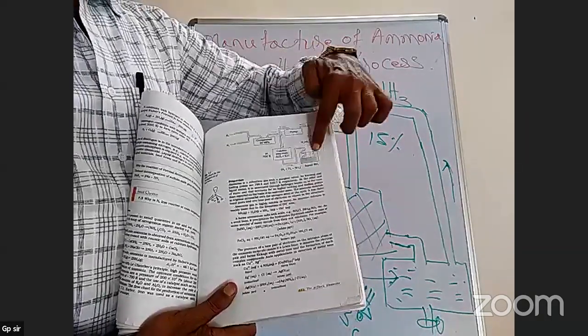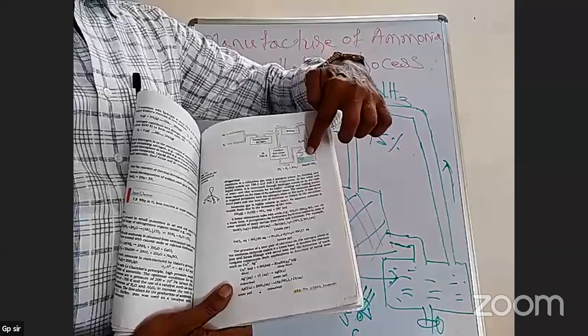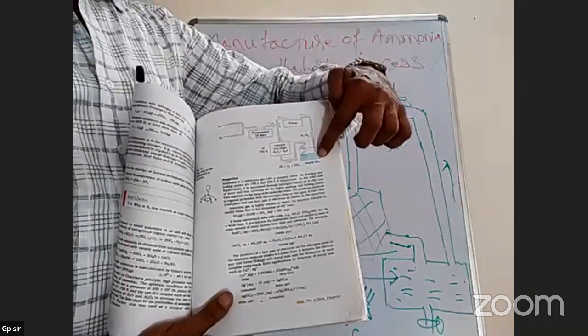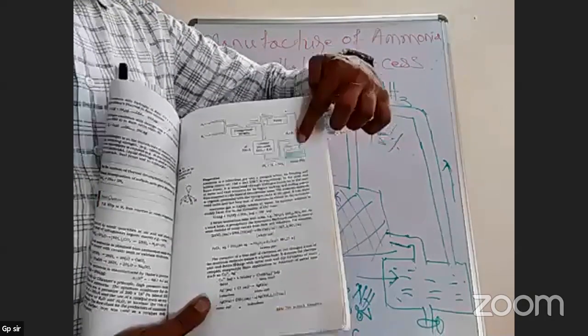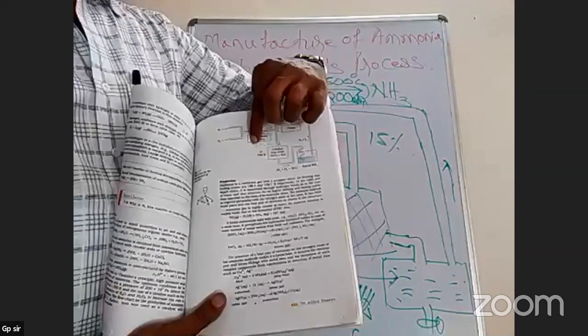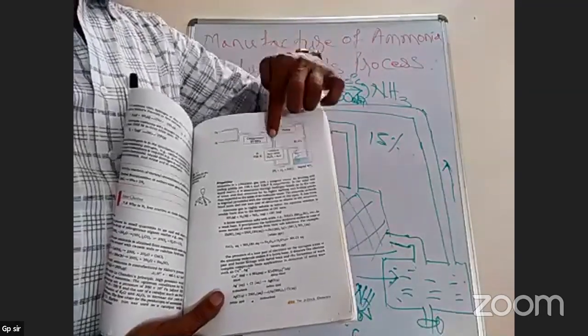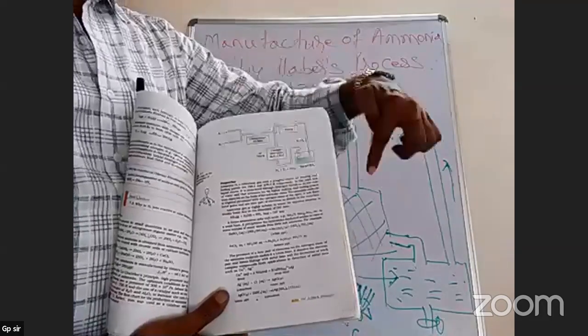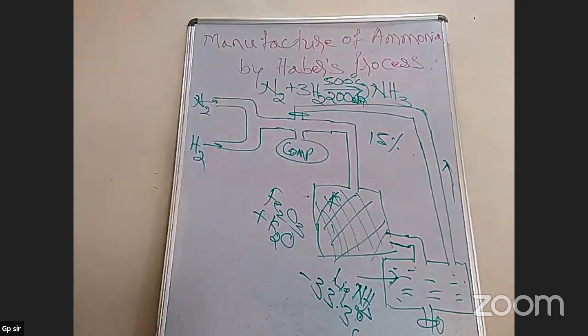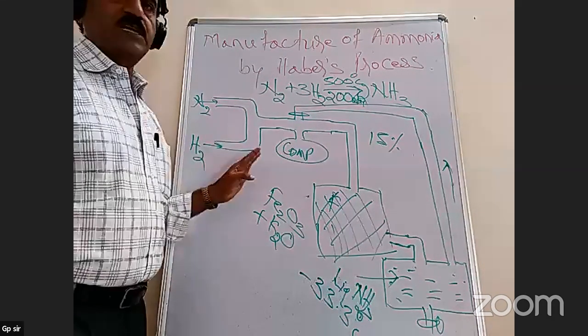The product mixture is then passed into the freezing chamber where the ammonia condenses into liquid, and the unreacted gases are again passed into the fresh reaction mixture, compressed again and passed again. So this is how ammonia is manufactured on a large scale, and it is asked in examinations for 3 marks.